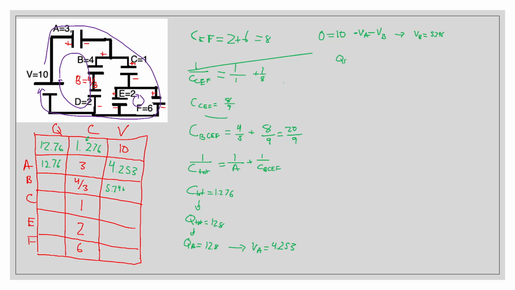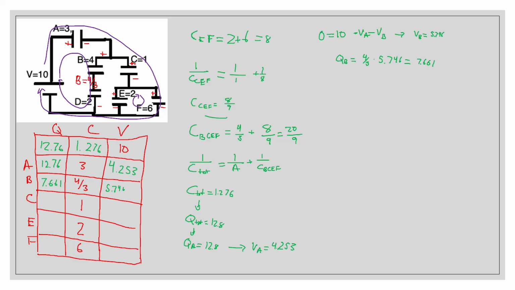So QB equals 4/3 times 5.746, which is going to equal 7.661. Okay, so then we just found a charge.